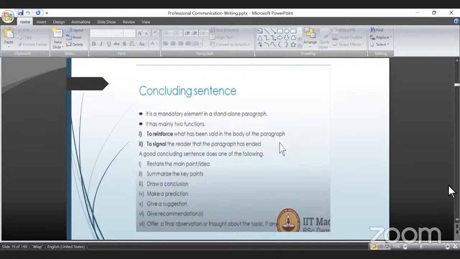And then offer a final observation or thought about the topic. This usually happens in opinion paragraphs. When you want to finish off an opinion paragraph, you give a final observation or thought about the topic, right? You will use the paragraph to completely explain and elaborate on the opinion you have.